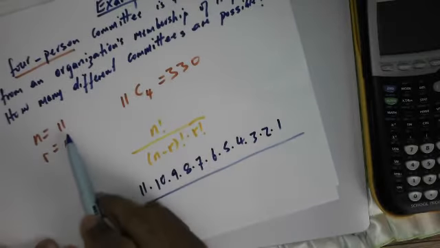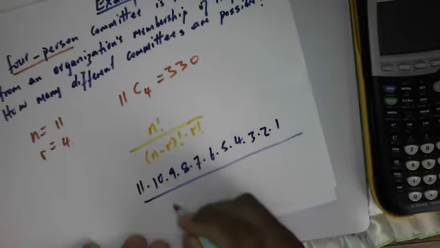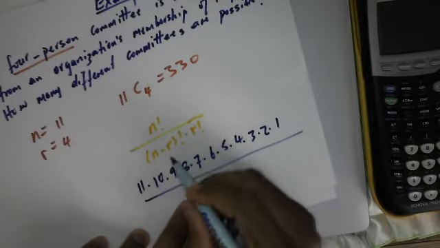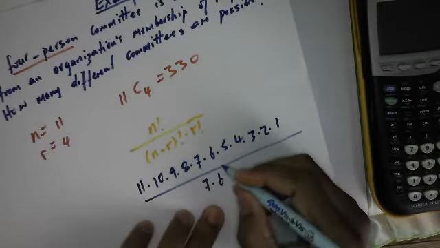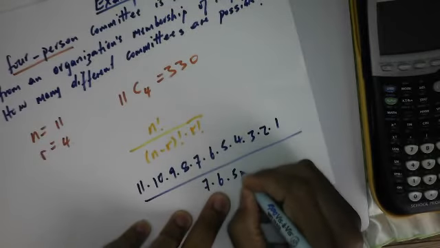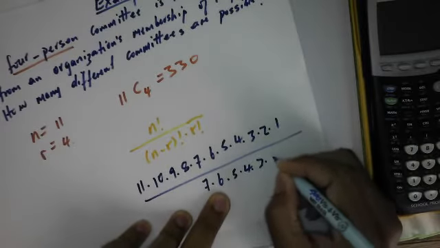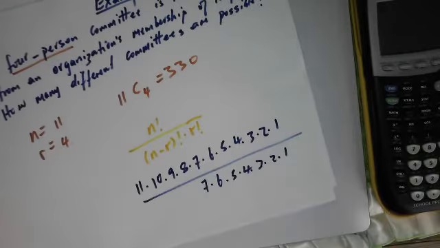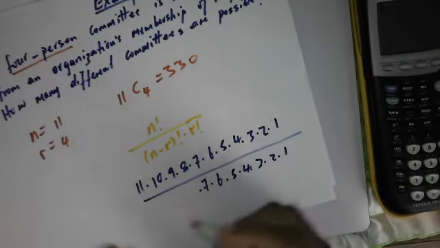That would be 11 minus 4, which would be 7. So that would be 7 factorial, 7 times 6 times 5 times 4 times 3 times 2 times 1, times my r factorial here. Remember that my r is 4, so that would be times 4 factorial.